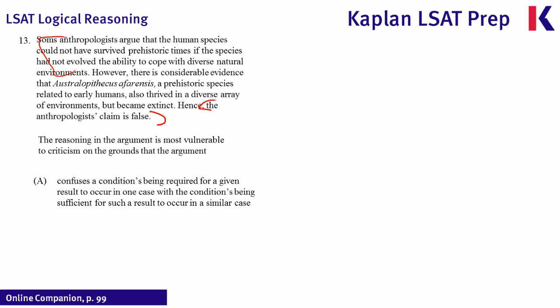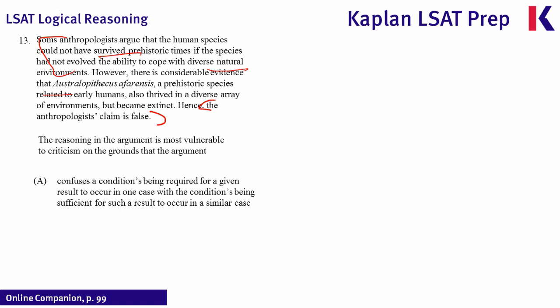Could not have done X if they hadn't done Y. Translated, that means Y, the ability to cope with many different natural environments, was necessary for the human species to make it through those tough prehistoric times. You got that? That is the anthropologist's claim. Our human species needed that ability to cope with all sorts of different environments in order to survive.